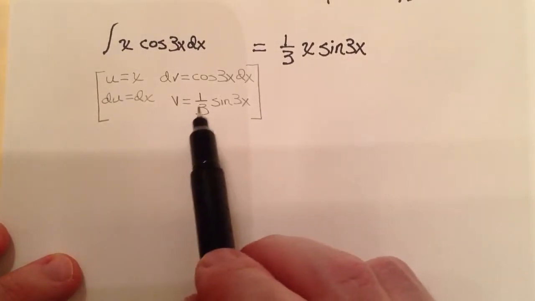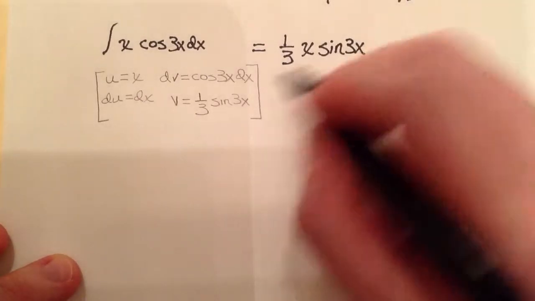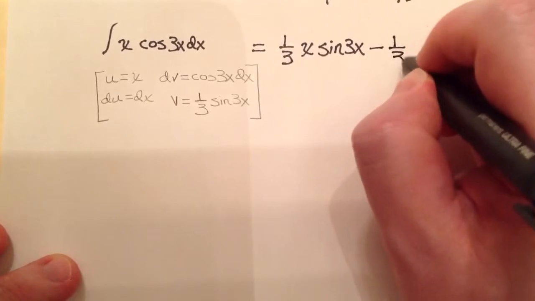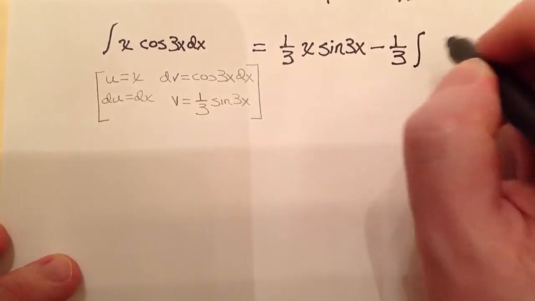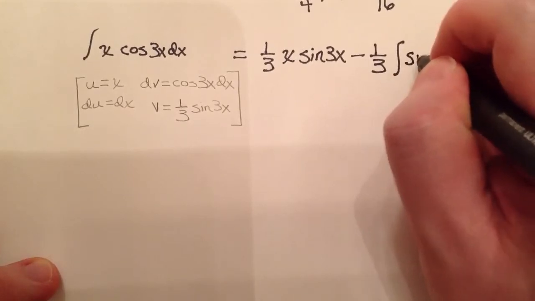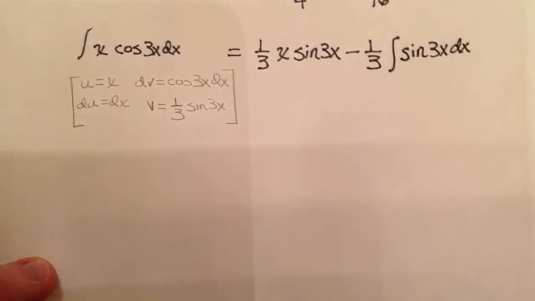So we have v at 1/3 of sine of 3x, du is going to be dx, and we can bring the coefficient 1/3 to the outside. So we have minus 1/3 times the integral of the sine of 3x dx.